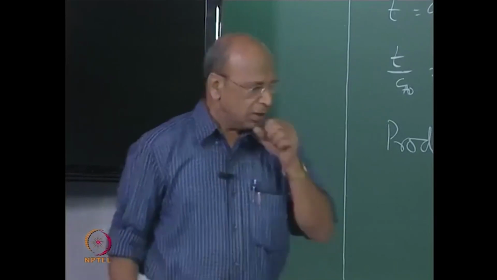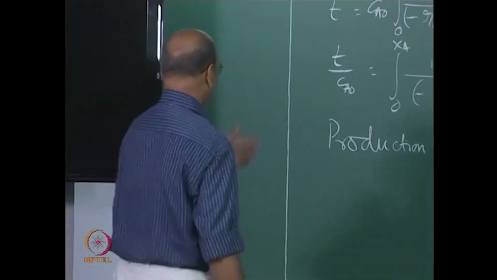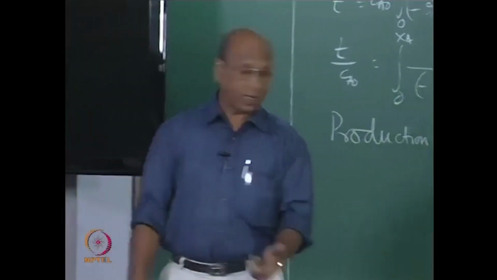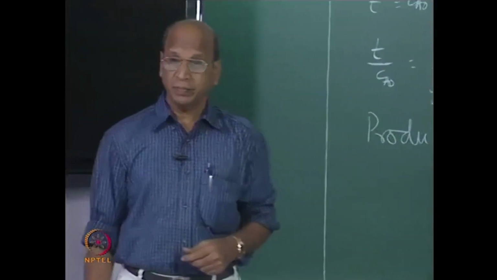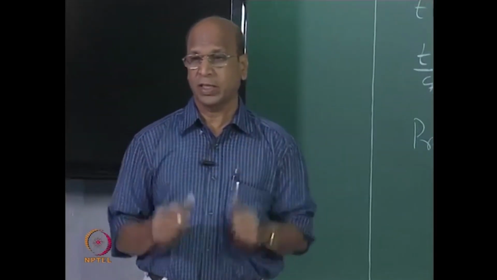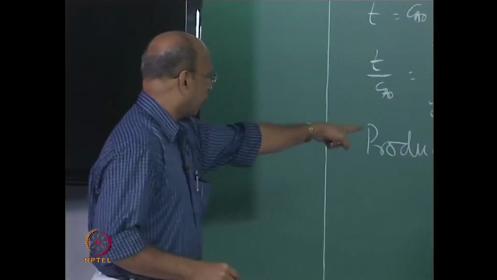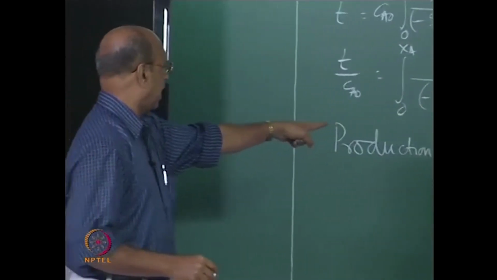But my design expression will not tell me what volume is required to produce 24 tons per day. How do I calculate the volume of the reactor from this information, 24 tons per day, and time?